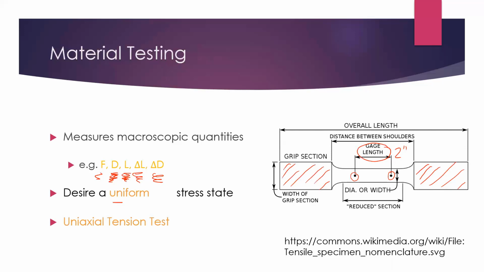We get more or less a uniform stress state, and it's experiencing what we call uniaxial tension, which means there is a force in only one axial direction. So we have force acting like this and like that. There shouldn't be any force in either of the other two directions.